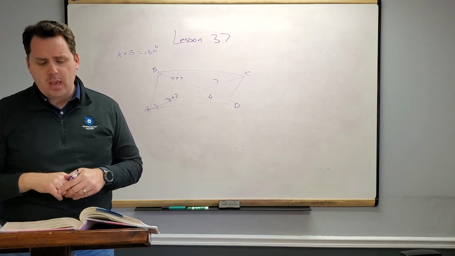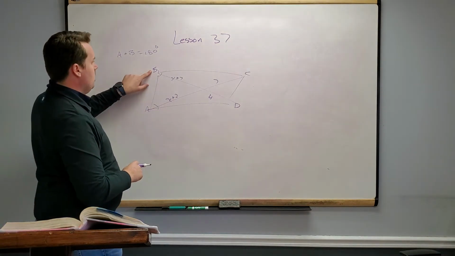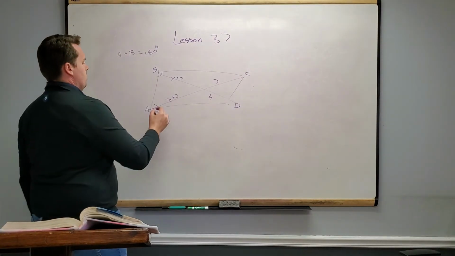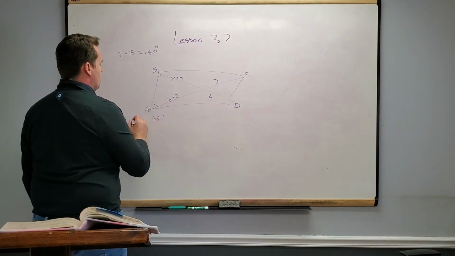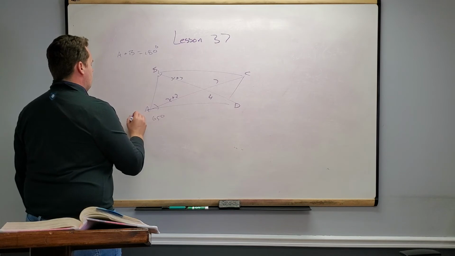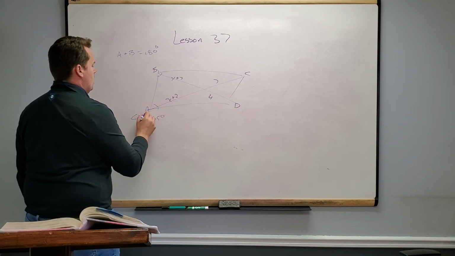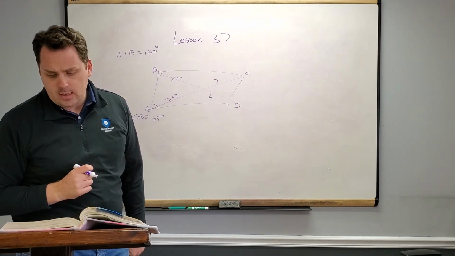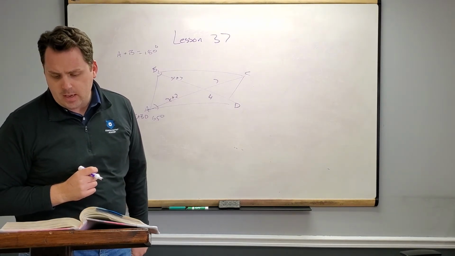The measurement of angle BAD, okay, is 65 degrees. Okay, so this is 65 degrees. Find angle ABD, angle ADC, and angle DCB.